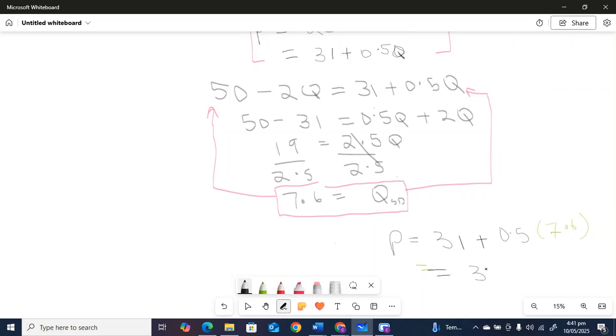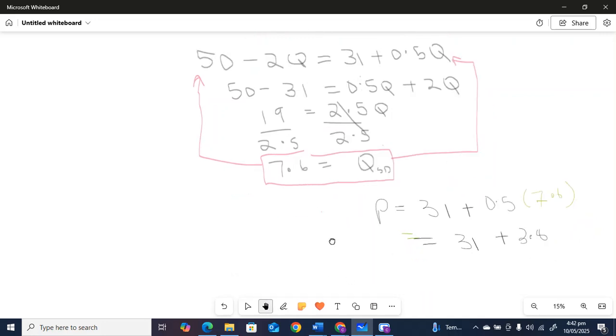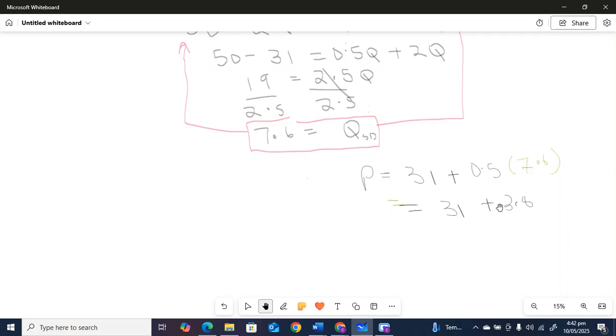So 31 plus 3.8, you get 34.8 as the new equilibrium price. Any questions?